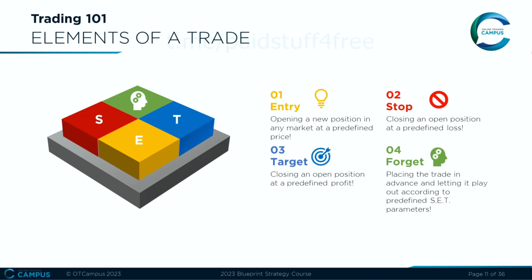The entry is going to be the opening of a new position in any market at a predefined price. And the emphasis here is really on predefined, because at the end of the day, anyone can enter any market at any price. What we want to achieve is to enter the market at a favorable, predefined, pre-planned price, where we choose beforehand that's where we enter.